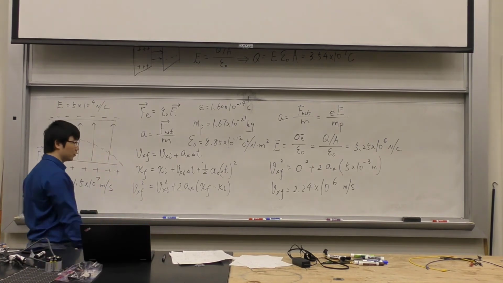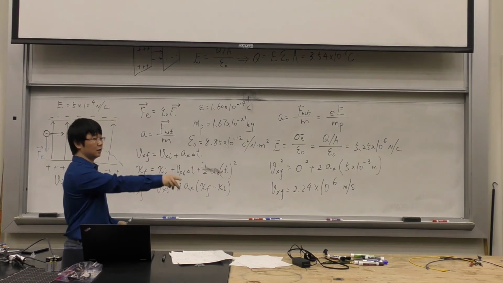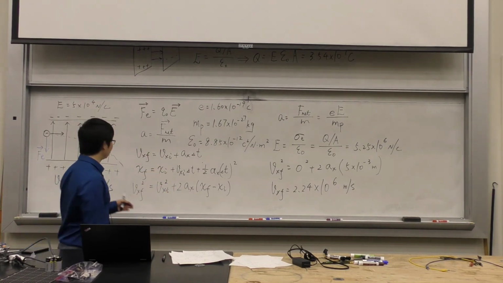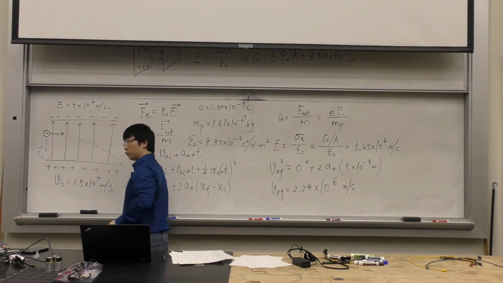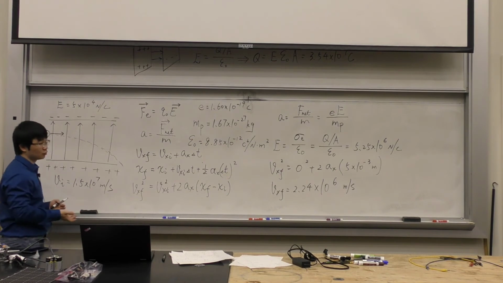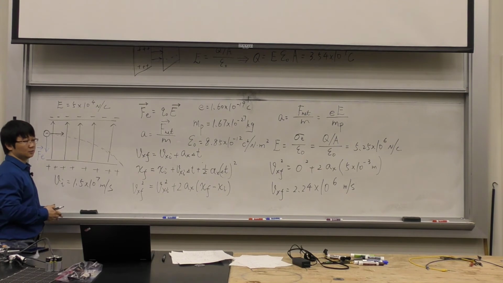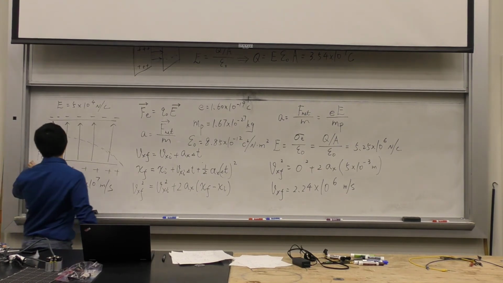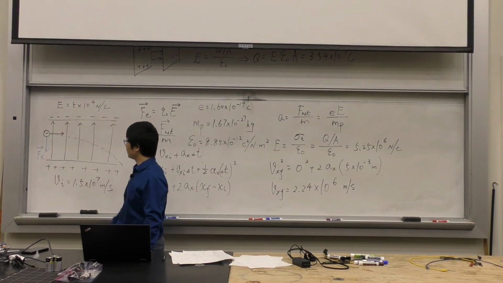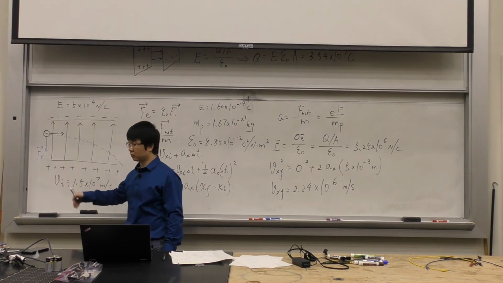Projectile motion, horizontal projectile motion. You throw this guy horizontally, then it's going to move in a parabola. So this is exactly projectile motion. Now this force is not gravity. As I said, you don't need to consider gravity, because compared to this electric force it's negligible. This force is pretty much like the gravity you create using this electric field. So the electron always feels a force down in this problem.